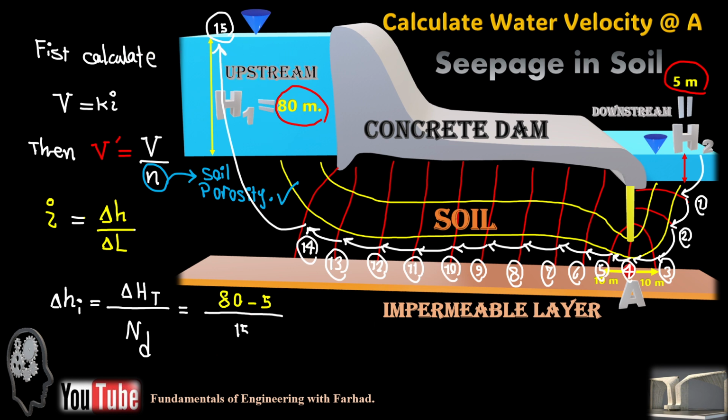So that's 15, 75 over 15 gives us each of these head losses equal to 5 meters. That's delta H i.